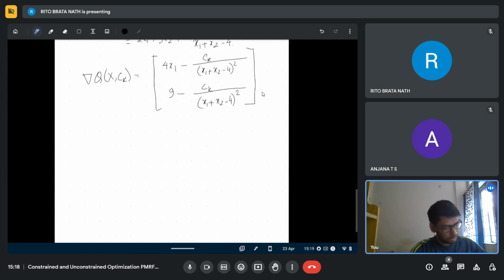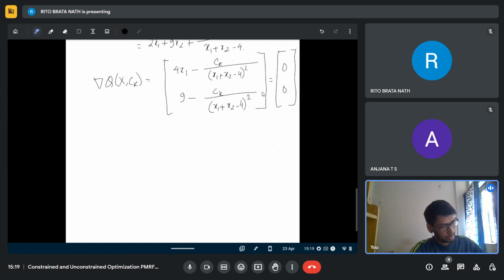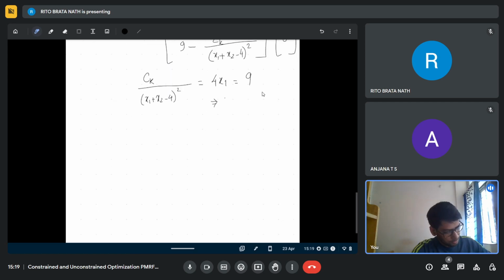Now you can set this to 0 by first order necessity conditions, and that will give you ck by x1 plus x2 minus 4 whole square equals 4x1, and from the second one, it equals 9. So that means x1 is 2.25, which is 9 by 4.